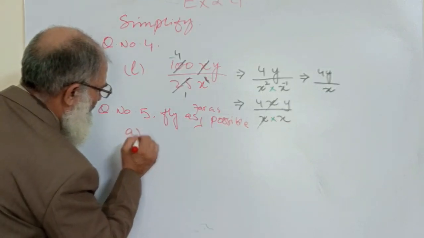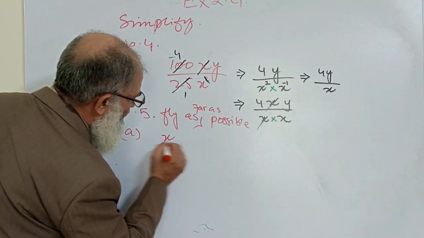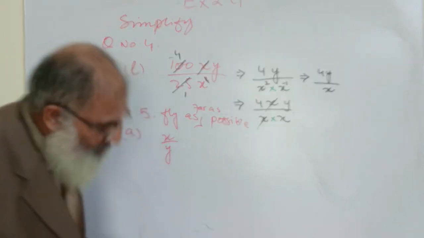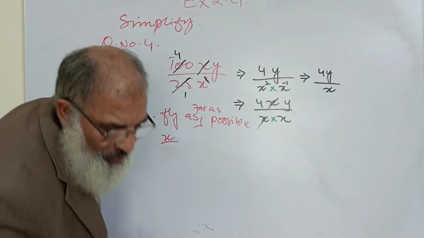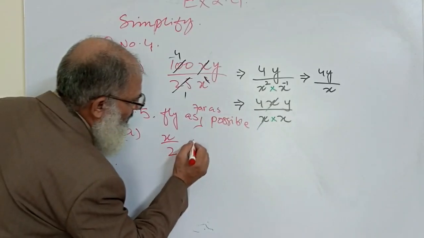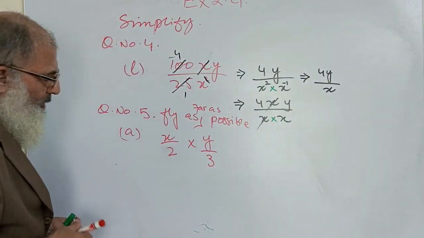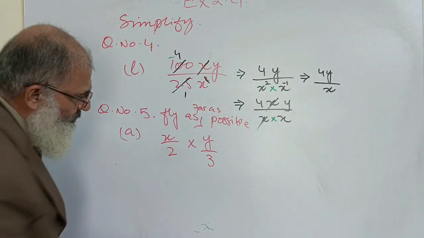Part A: x divided by 2 multiplied by y divided by 3. It is very easy, nothing to worry about.